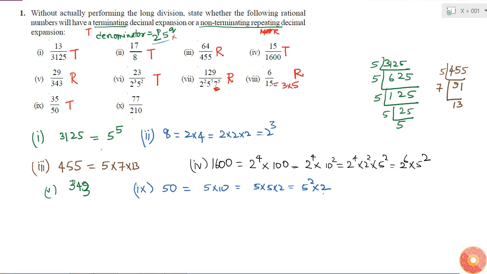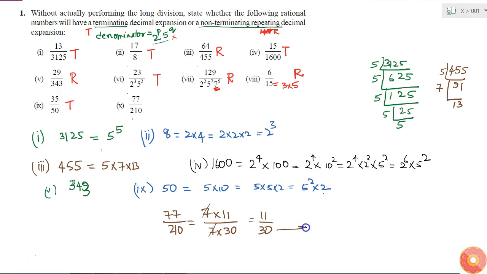So I'll try to bring it to the lowest terms. 77 by 210 can be written as 7 into 11 by 7 into 30, right? So if I cancel 7, I'll get it as 11 by 30.